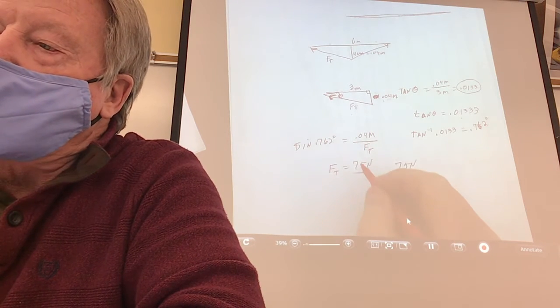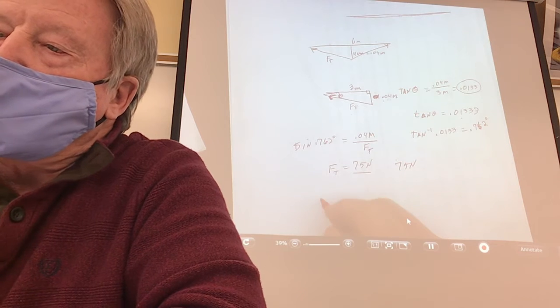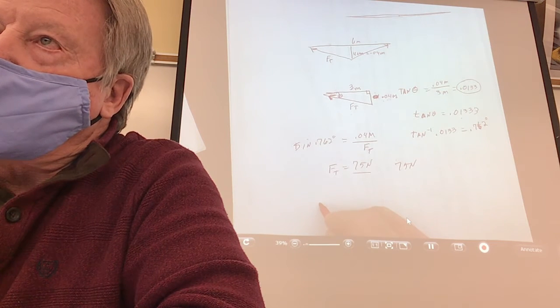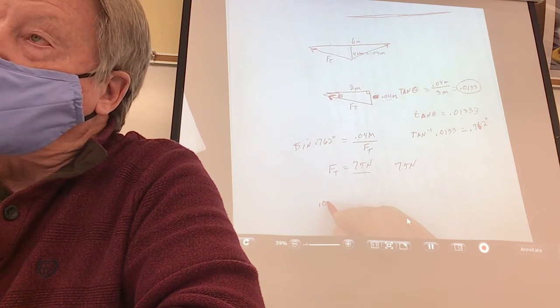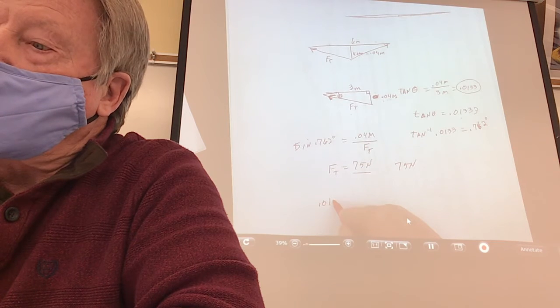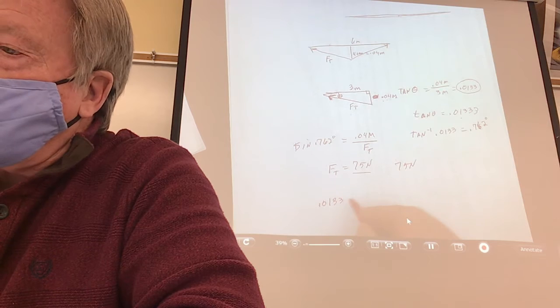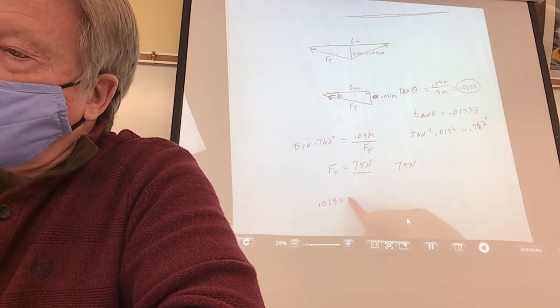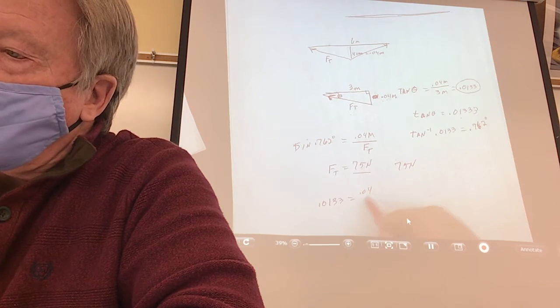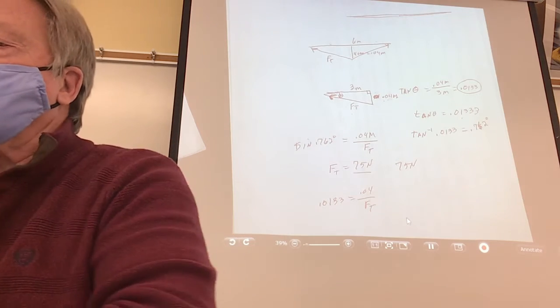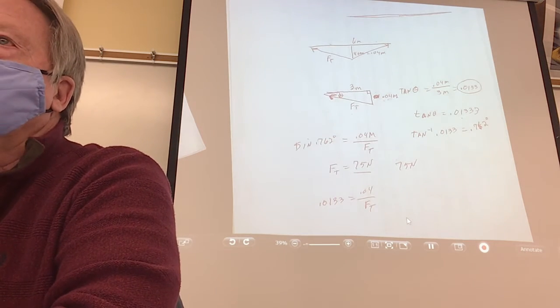What is that? 0.0133. Okay. All right. So you're saying that's the sine, and that equals 0.04 over FT. What if we did that? What happens then?